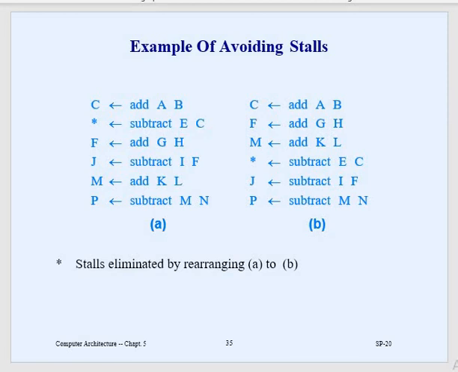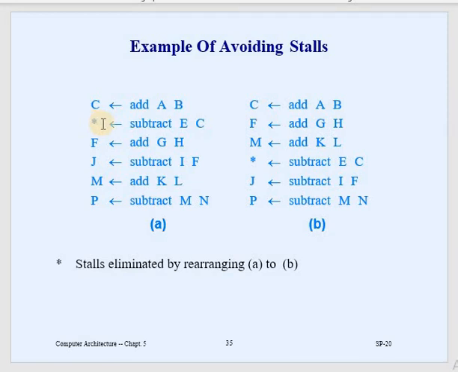And the other mechanism which we use to minimize the stall, an example of avoiding stall, is this: carefully see this code written at position A. The first instruction says add A and B and save the result in C, and then in the second instruction we ask the system to subtract C from the content of E and save the result.